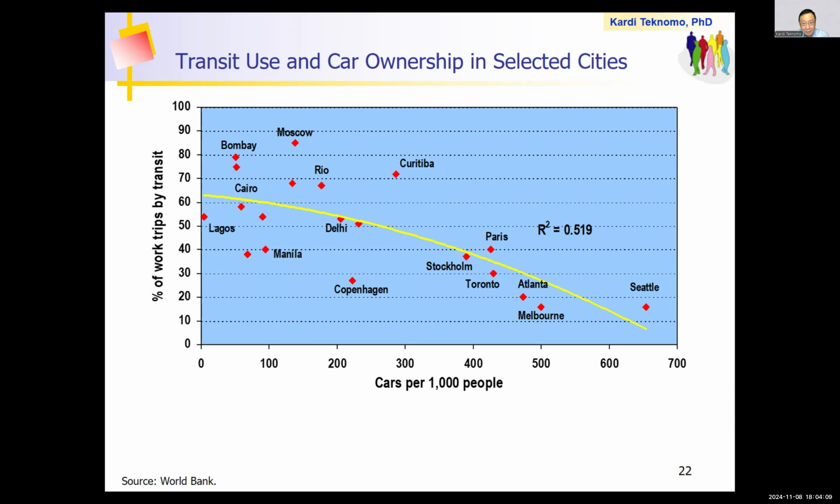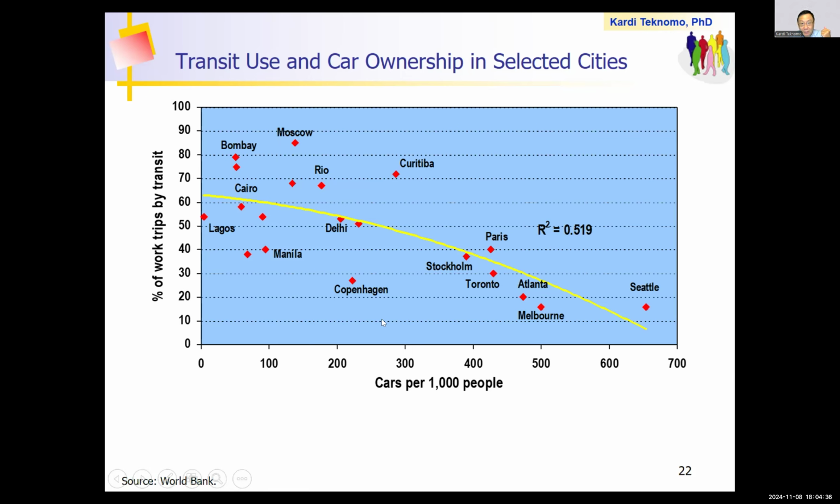Yes, we are still lacking a lot of things like regularity, comfort, and so on. But in terms of market share, we are actually much better compared to the US. So it depends on how you see the metrics compared.